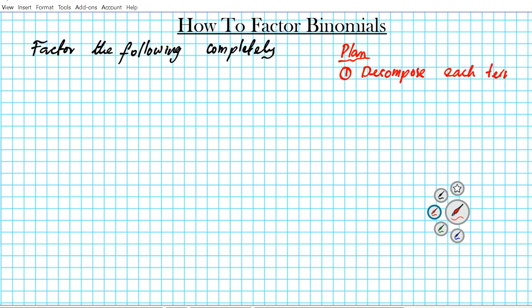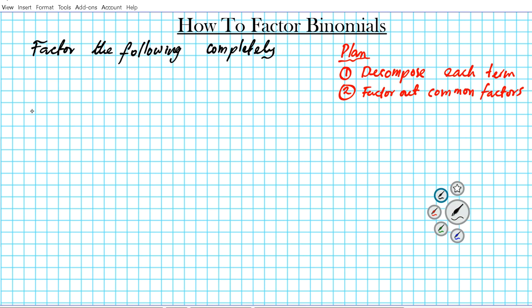Well, it makes it easy for us to identify the factors that they have in common. And then after decomposing each term, we're going to factor out common factors. All right, so that's the plan of attack.